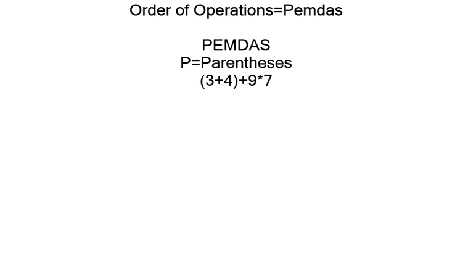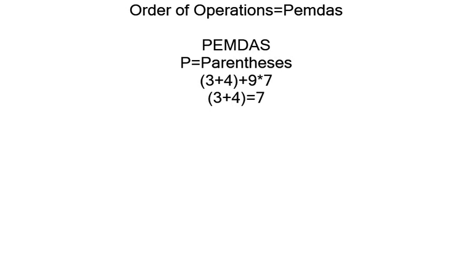As you can see in PEMDAS, the first letter is parentheses, so obviously we start with parentheses. Let's look at what's in the parentheses. It's the 3 plus the 4, so we start with that. 3 plus 4 is equal to 7.